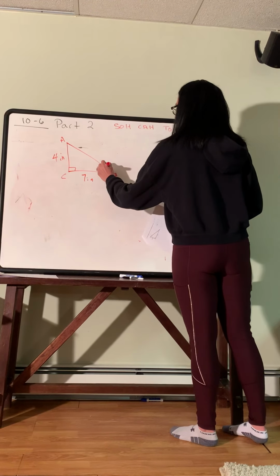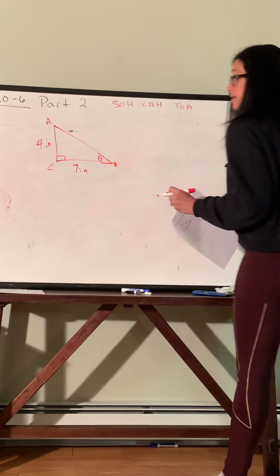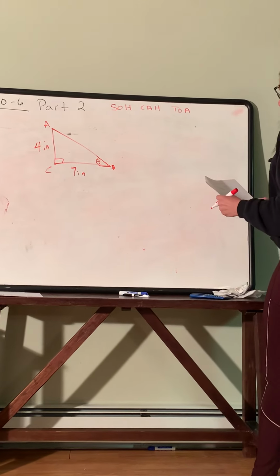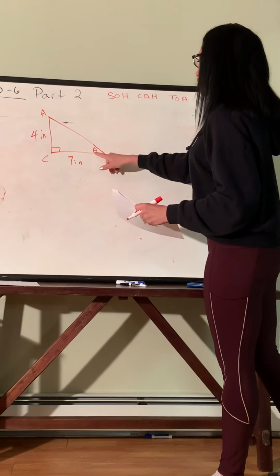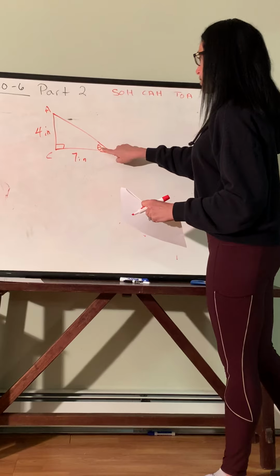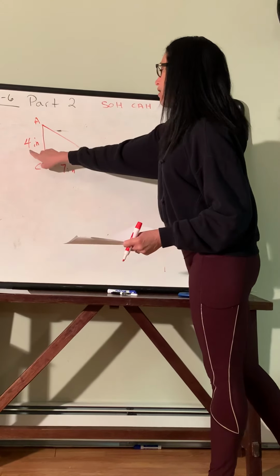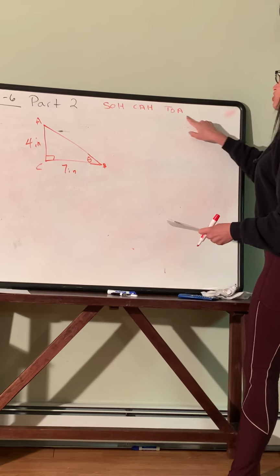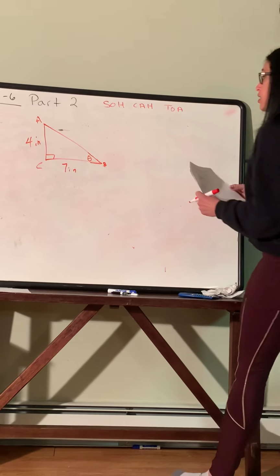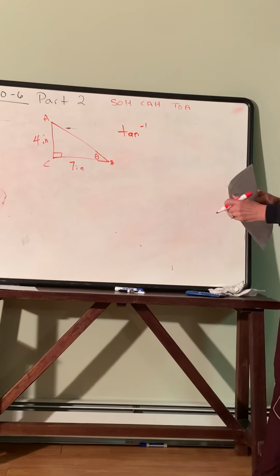So this is the angle that I'm looking for. So when I have an unknown angle, sometimes they call it theta. So I'm looking to see, how do I get this angle? So I'm focusing on this angle and I try to figure out, what did they give me? So from here, I have opposite and I have adjacent. Which one of these has opposite and adjacent? It's tangent. So now I'm not just finding the tangent, I'm finding the inverse tangent.